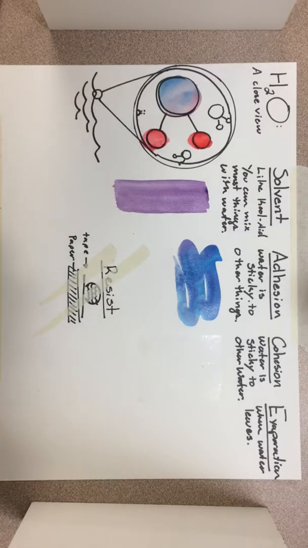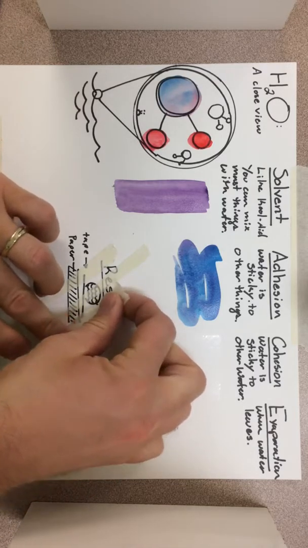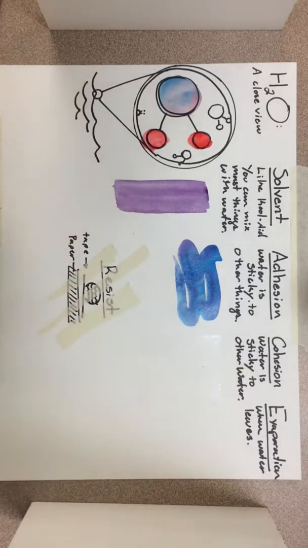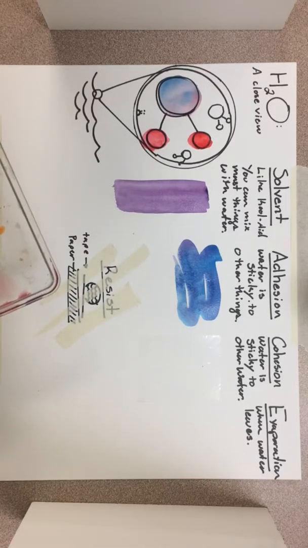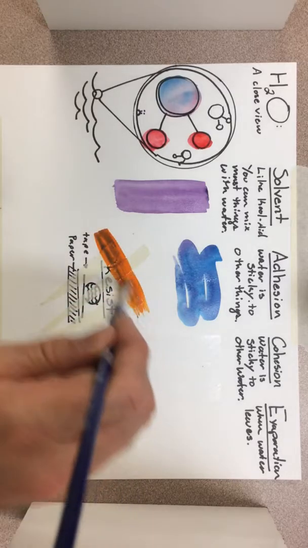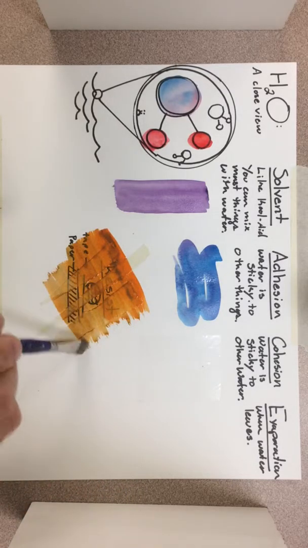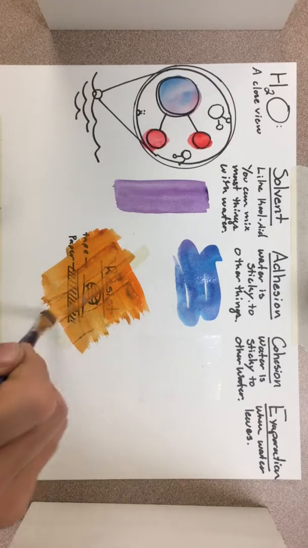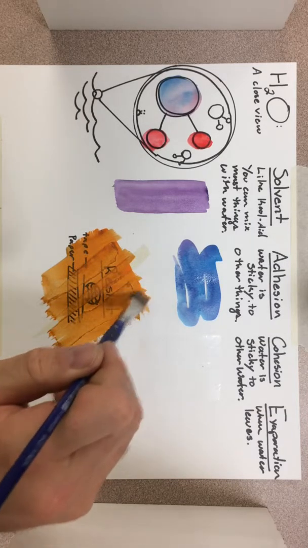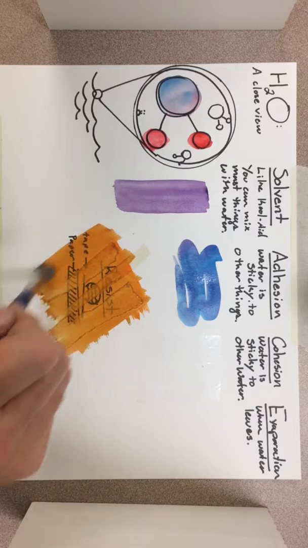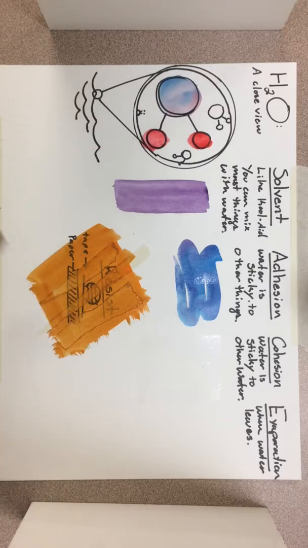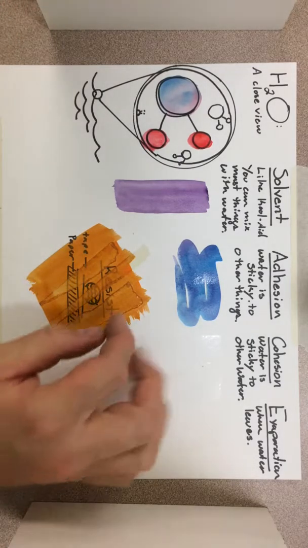Now there's also something interesting about this marker that I'm using. This marker also is not water soluble, so that means it's not going to dissolve in water. There's certain kinds of compounds that work this way. But if I paint across the tape here, the tape resists the water, and it leaves the paper underneath completely clean.